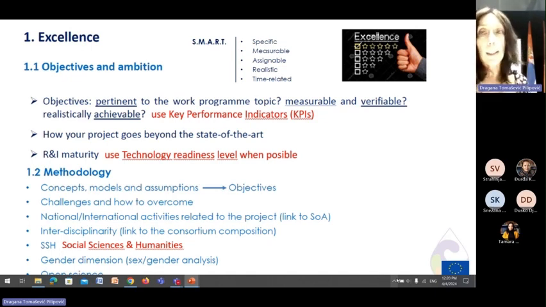Then it's something that goes beyond. There are other programs in Horizon Europe which can fund the more mature technology levels. So we have the Pathfinder, but there are other programs.